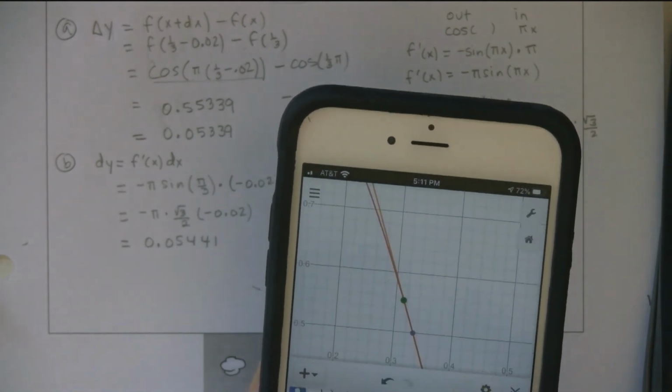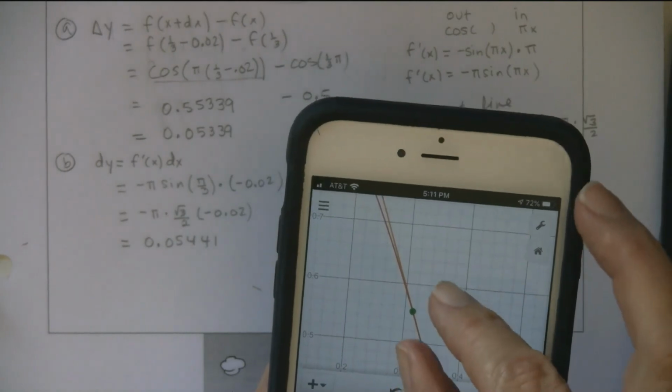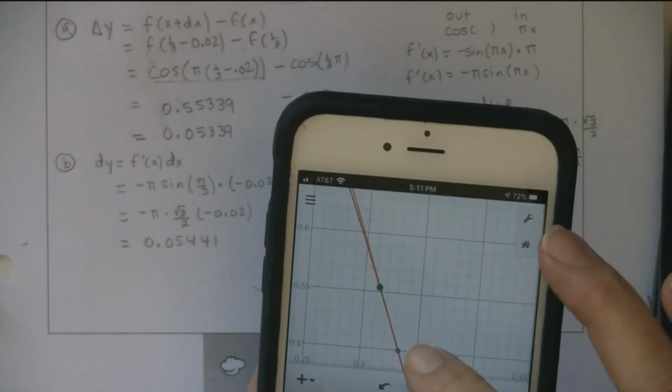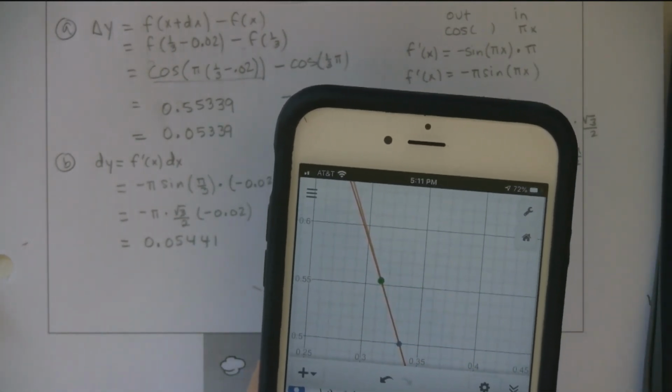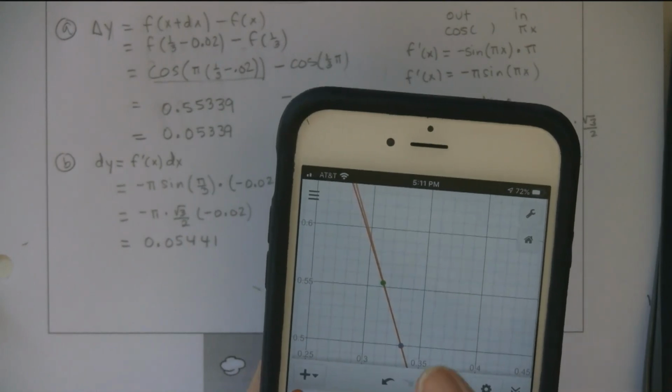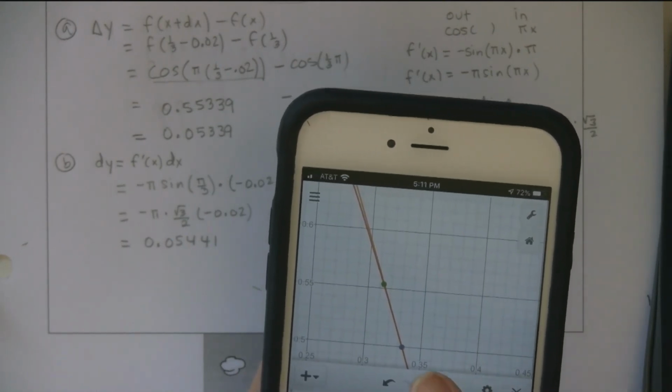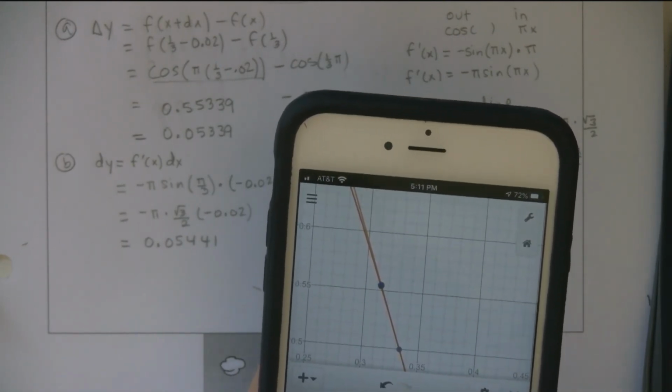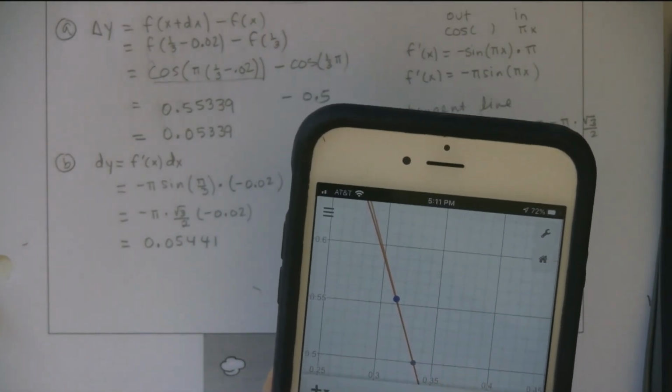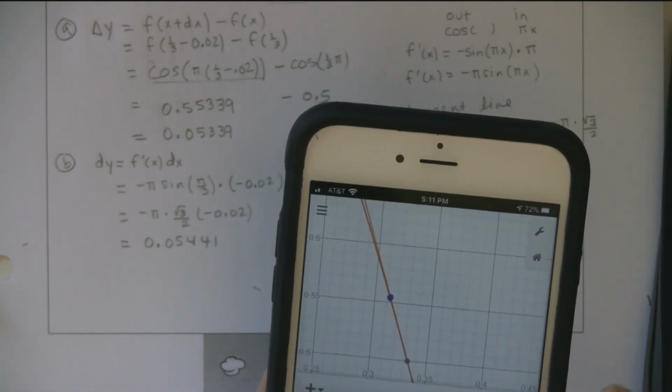Oh, it should have been the green and the purple are right on top of one another. And are they? If I get rid of it? Yeah, they are. And so anyway, that's kind of the story on that.